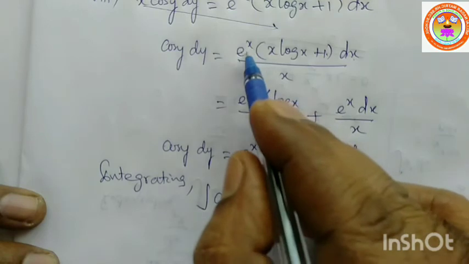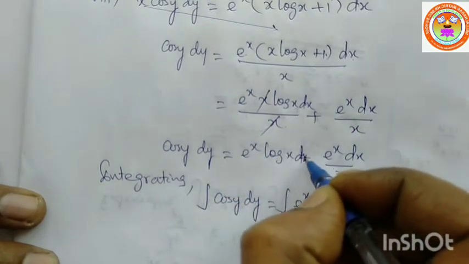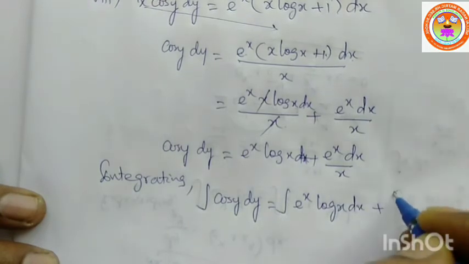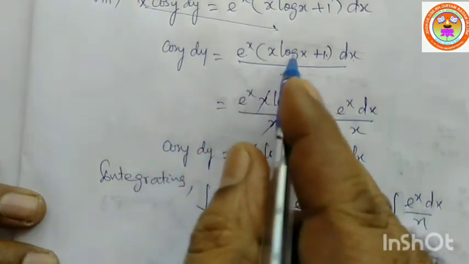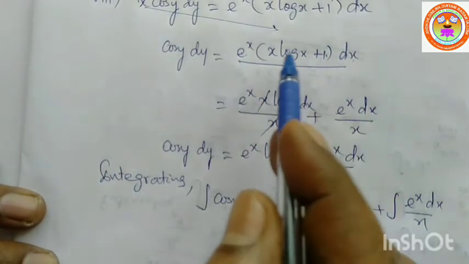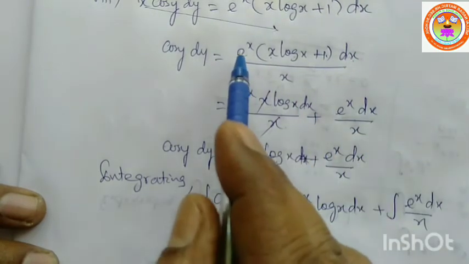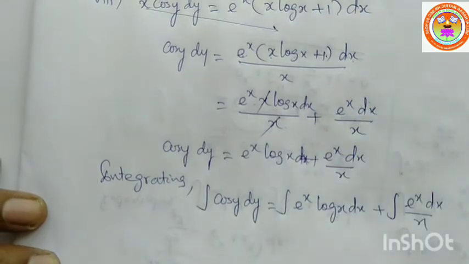So we write e power x into log x dx plus the integral of e power x dx by x. This dx is common for both the terms, so e power x, x log x dx. Similarly, e power x into 1 into dx. Okay.